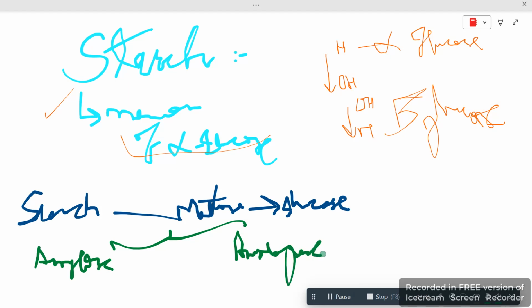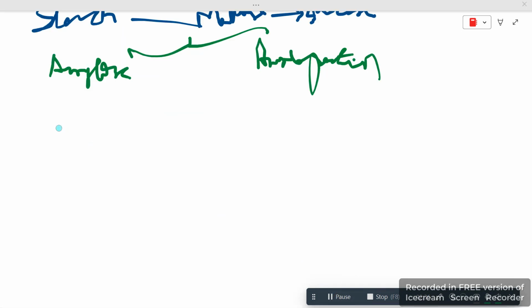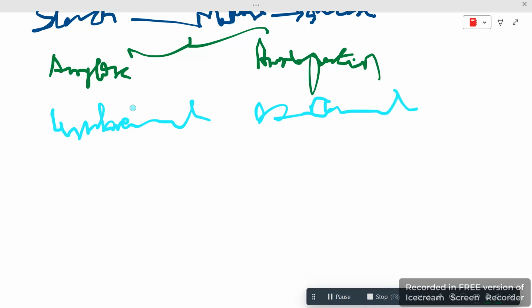Amylose is an unbranched structure, whereas amylopectin is branched. If it is not branched, that means we can say it is a linear structure. It would be straight, with carbon attached in a simple way.